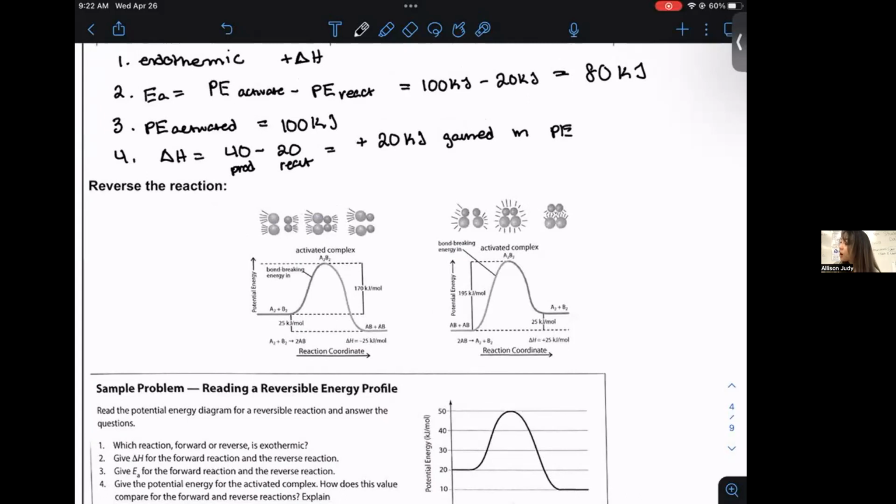The activated complex doesn't change when you reverse the reaction. But the value of enthalpy and the value of your activation energy does change. That's something to keep in mind later when you read these graphs. And lots of reactions in this world are reversible. That's what makes it fun.